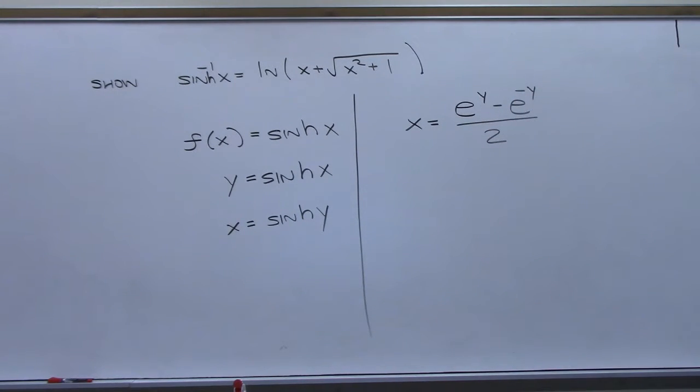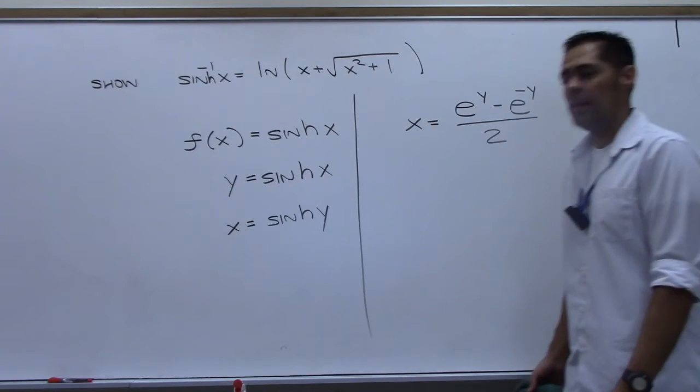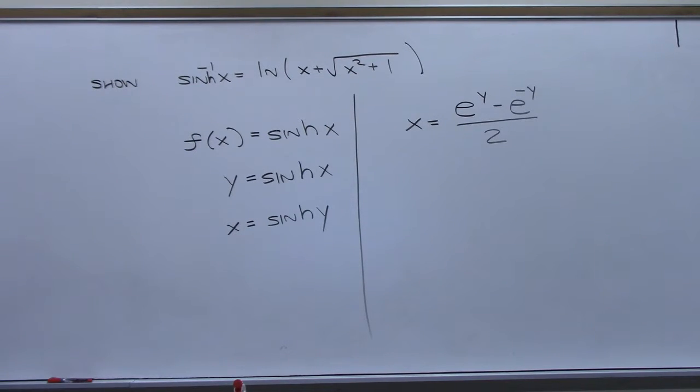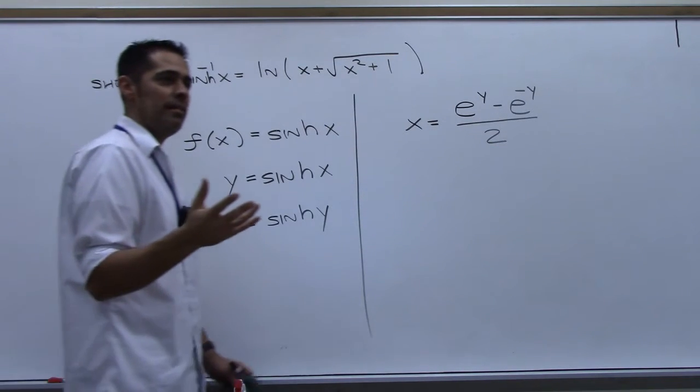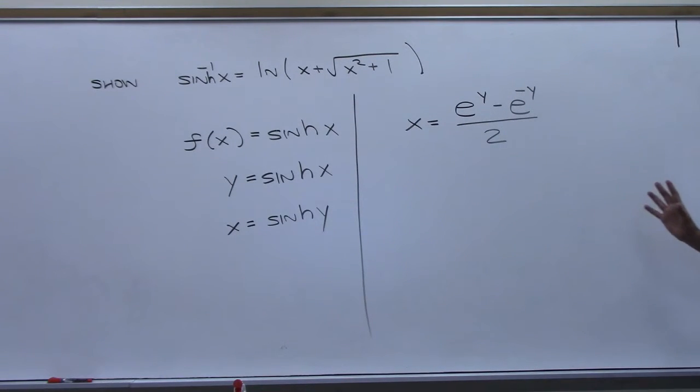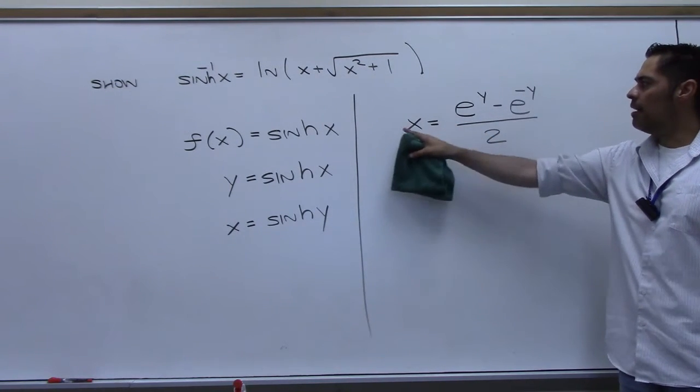Agreed? And I'm trying to solve for y. Can anybody help me get y? So natural log is the thing that usually comes in, right? People are ready to throw the natural log in here, which is correct because natural log and e like to play together, right? They cancel each other out. But you have to be careful how you apply it. Could I just do natural log on both sides of the equation right now?